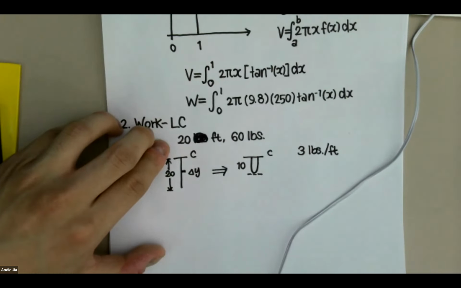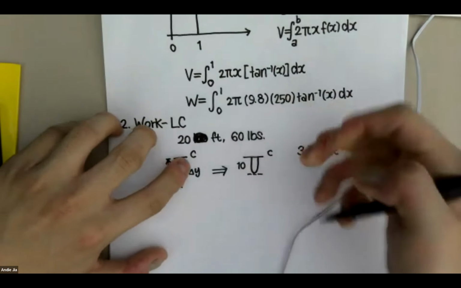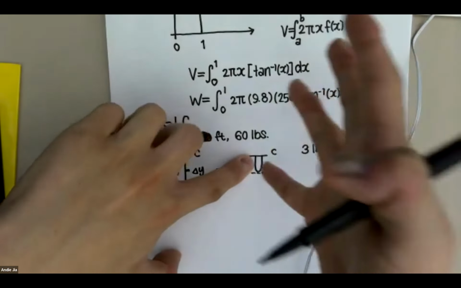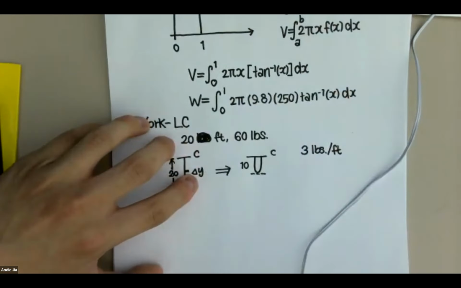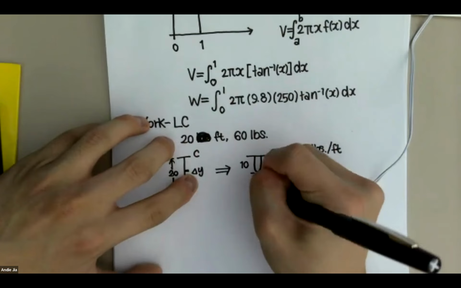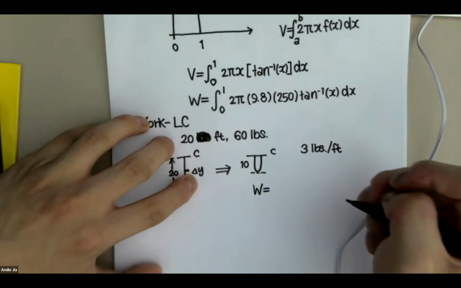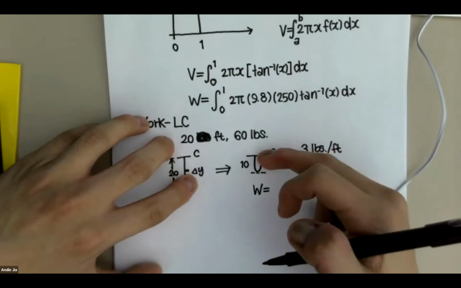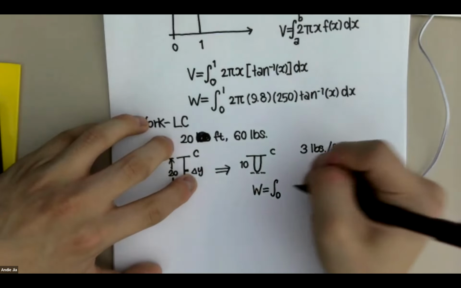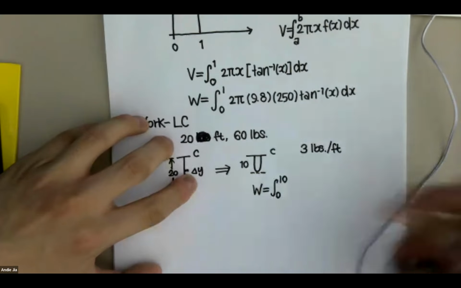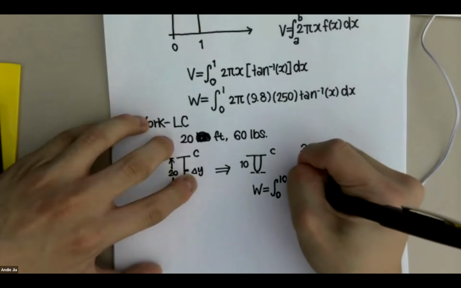There are two sides, one on the right and one on the left. So here is the mass, and the lower bound is 0, the upper bound is 10.